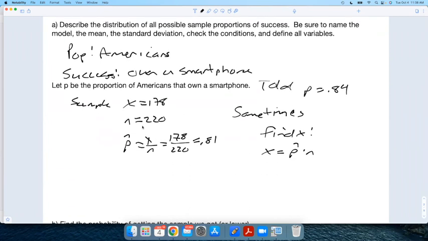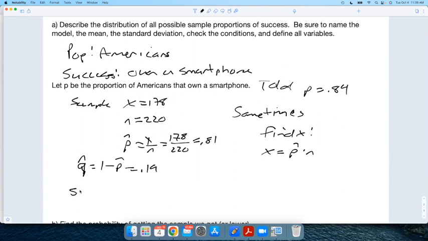Okay, we got to find our standard deviation. First, we need Q hat. That's always 1 minus P hat. So P hat is the sample proportion of success. Q hat is the sample proportion of failure. We know I'm saying the word sample because he's wearing a hat. That'll be 0.19.